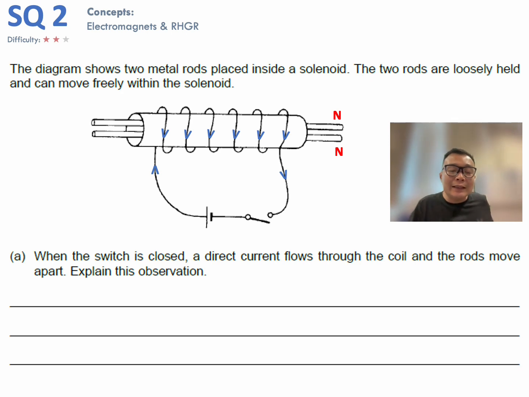So this means that the right side of the solenoid will be the north pole, and the left side of the solenoid will be the south pole. So this is how we apply the right hand grip rule. Please approach me if you need help to apply your right hand grip rule in this kind of scenario.